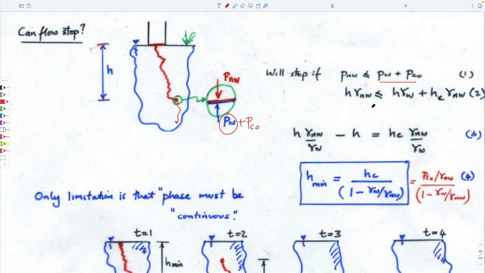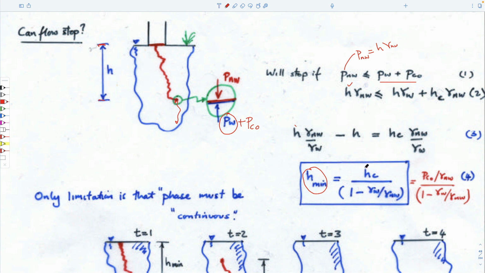And if we substitute for these into this expression here, substitute this, P NW is equal to H gamma NW, etc., then we can rearrange it and we come up with a minimum value of this height, which is a function of the ratio of the unit weights of the two fluids. The non-wetting fluid has to be larger than the unit weight of the water, by definition, if it's sinking through it.